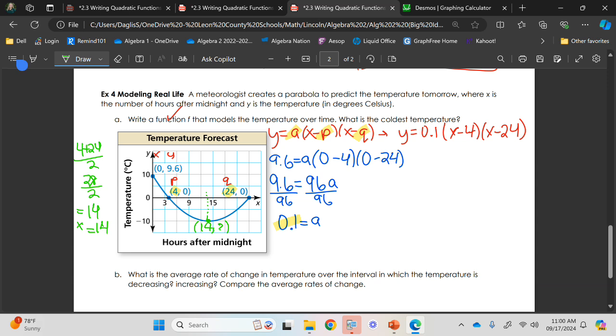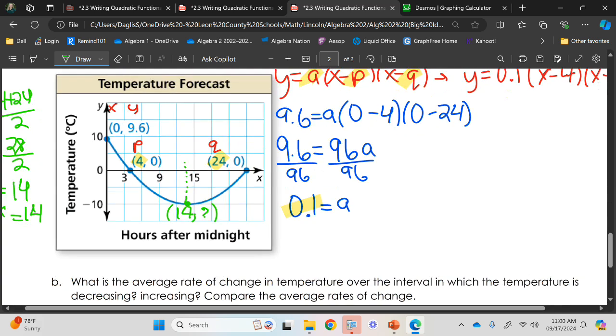Let's plug 14 in for my x. We're trying to find this piece. Like last time I plugged in 90, this time we're going to plug in 14. And our result is going to be the lowest temperature.